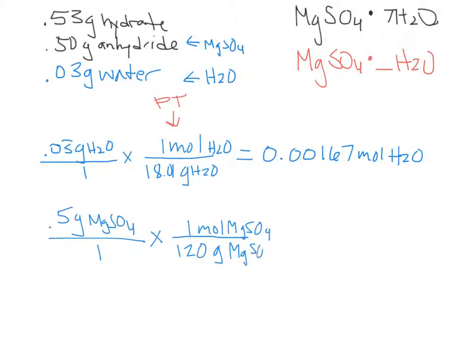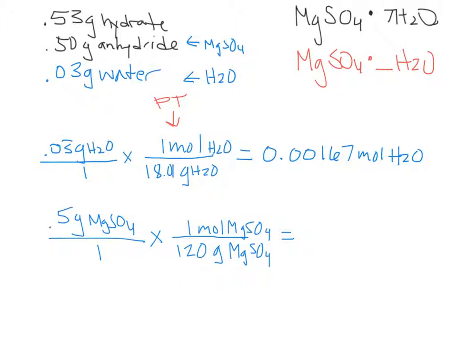I am well aware that there are some decimal places after that, but it disappeared too quickly for me to see anything, so I'm just going to do the very best with what I have. Remember, this video is about figuring out how to do these calculations. So as long as you understand that this value of 120 is rounded, then you're in good shape. So we're going to use this to find the value of the moles of magnesium sulfate.